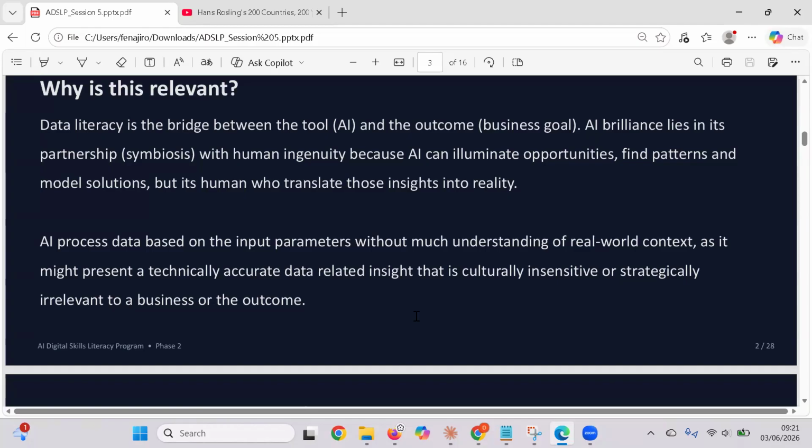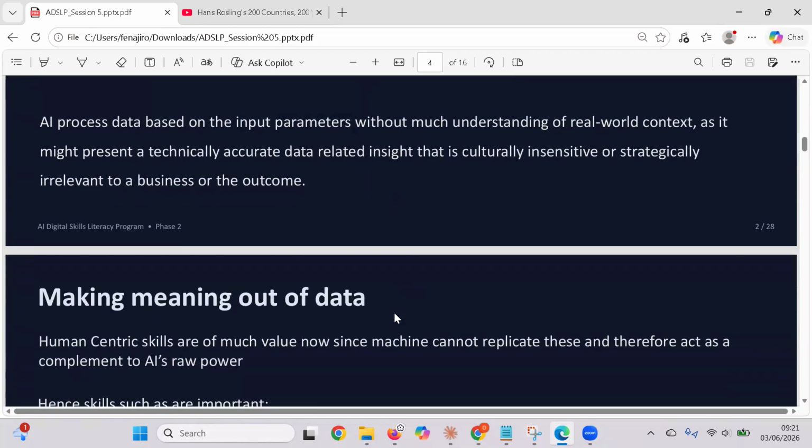But these days, for AI to understand the data, it takes your data as input parameters and reads through it to understand it for real-world context, so that it is technically accurate, causally relevant, context-sensitive, and strategically relevant to the business or the outcome of what the need may be.